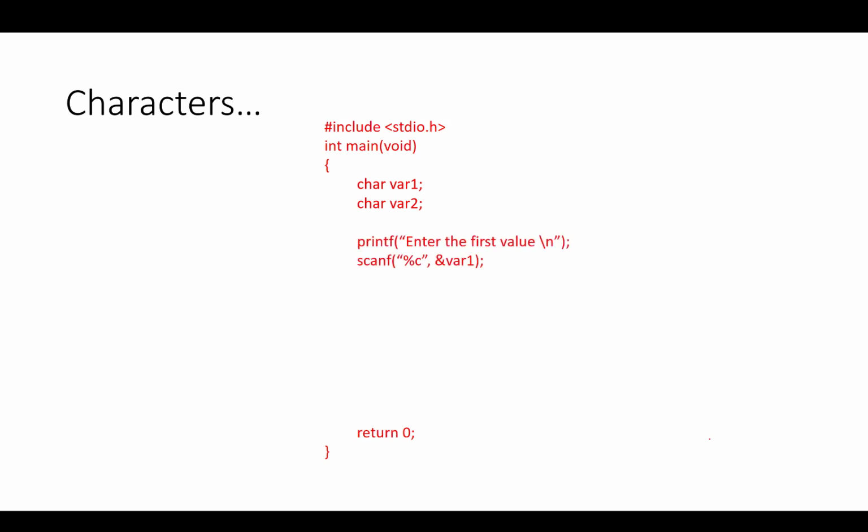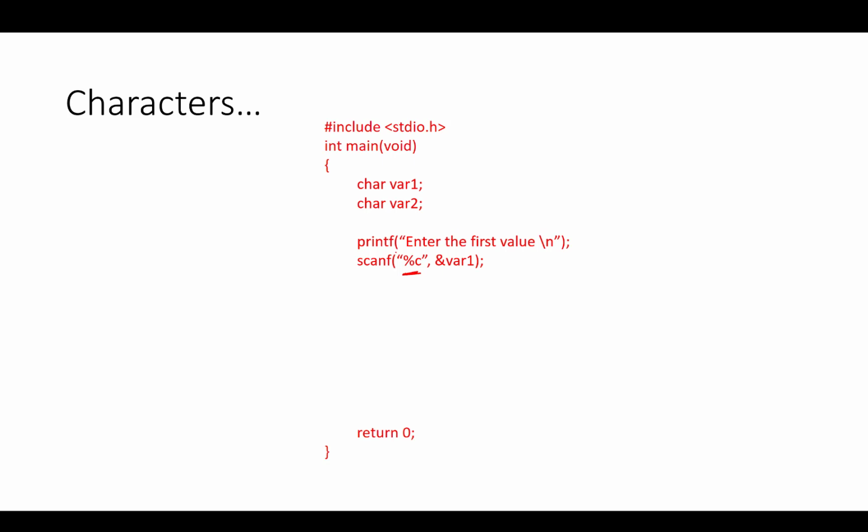And then I'm printing, please enter the first value, and then scanning it. And as you can see here, it's %c. If you remember, with ints we are using %d, with floats %f, with double %lf, or sometimes we use %lf for floats and doubles.